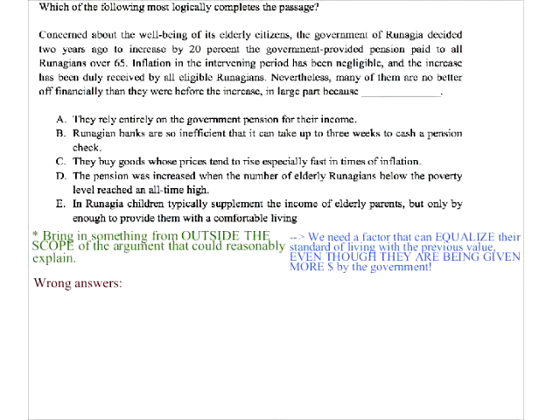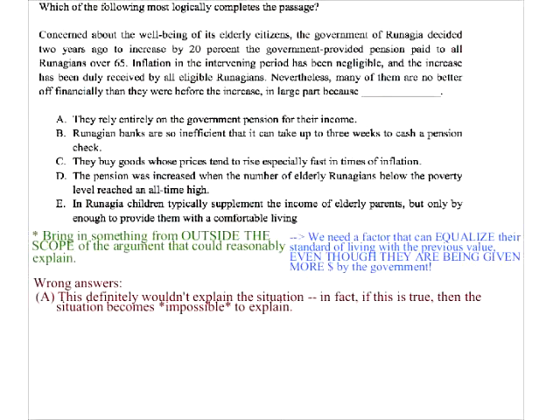A says they rely entirely on the government pension for their income. This would definitely not explain the situation. In fact, if this is true, then the situation becomes impossible to explain. Because if A is true, then that means these people are definitely receiving 20% more income, no matter what.